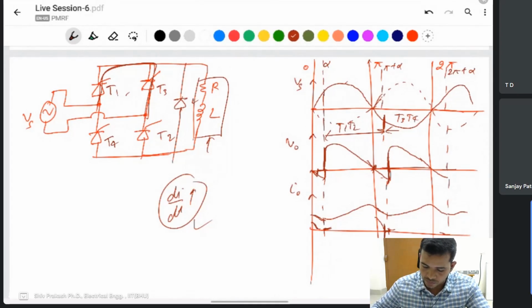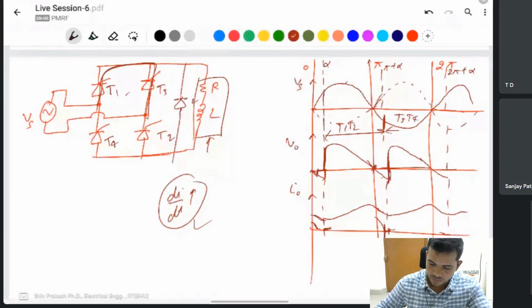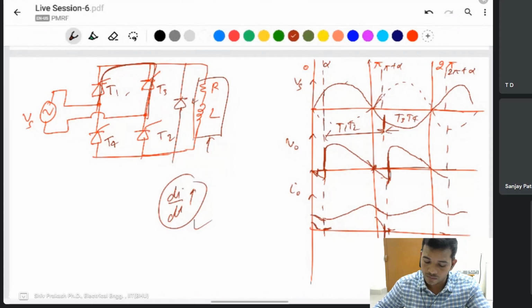Okay, sir. Sir, if this freewheeling diode is not there, and the thyristors are replaced with diodes, then even at that time D1 and D2 will conduct even after pi, no? Definitely conduct. Even though it is a diode, it will conduct.